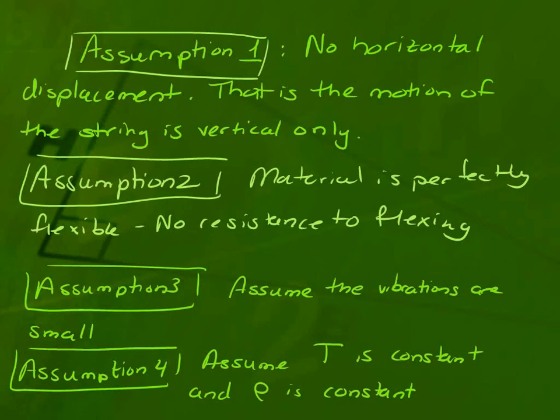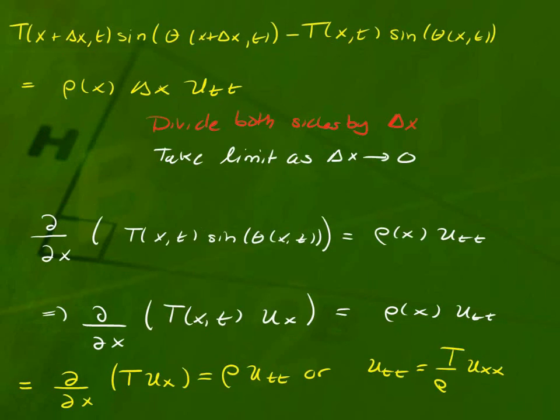If I make one more assumption, or two more really, two for one here on assumption 4, I assume that T is constant and rho is constant, the density is constant. If I assume T is constant, I'm assuming that it's perfectly elastic, perfect elasticity. And what I get is the familiar look of the wave equation once I make that assumption.